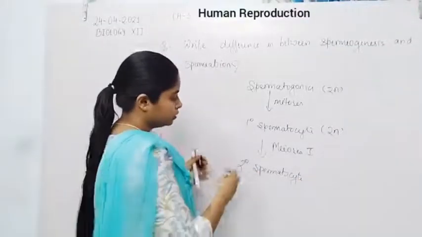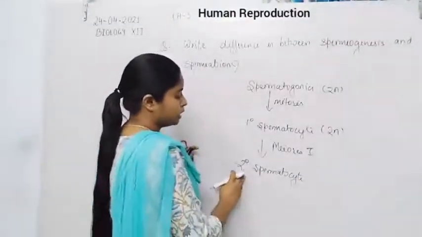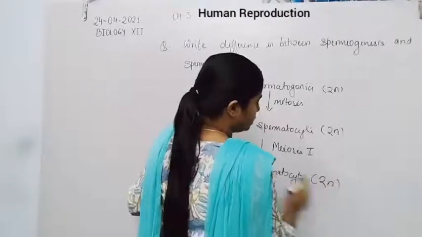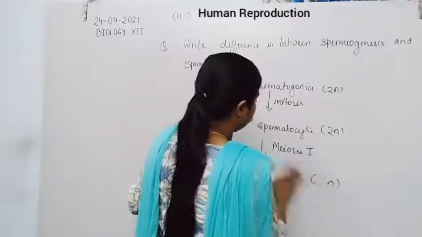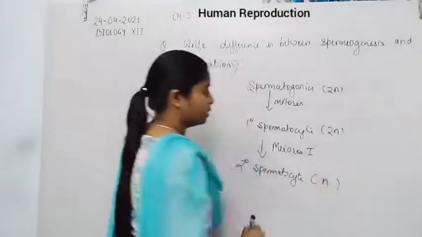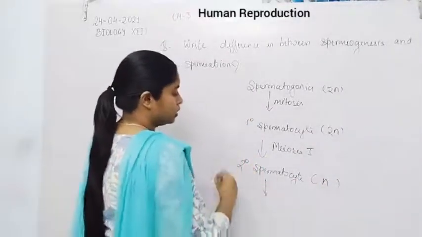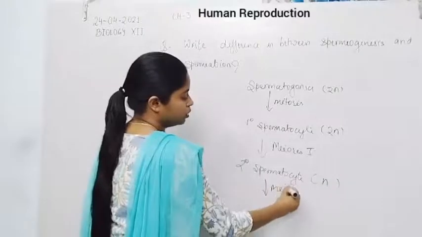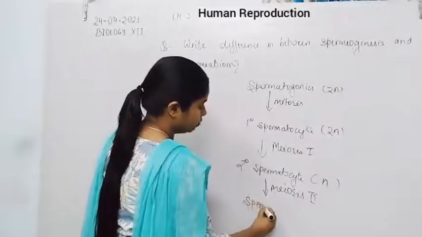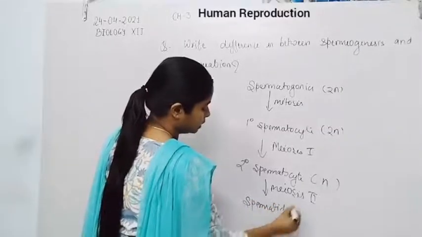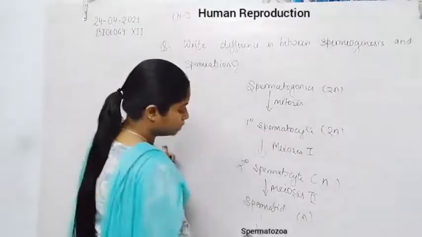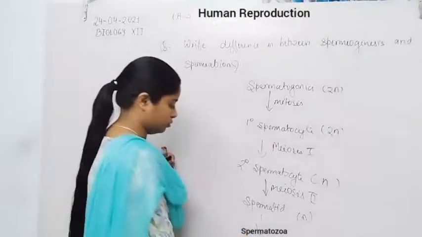So the number of chromosomes in the secondary spermatocyte is just half as compared to the parent, the primary spermatocyte. So n in number, haploid in nature. Then the secondary spermatocyte undergoes meiosis second division to form the spermatid, again n in number. Then it undergoes a differentiation process to form the spermatozoa.